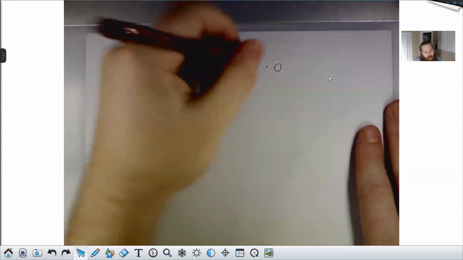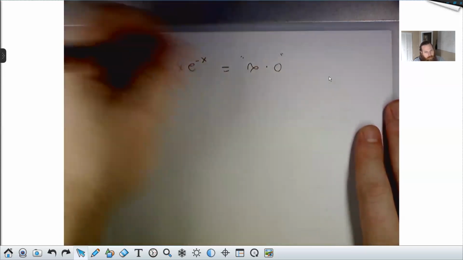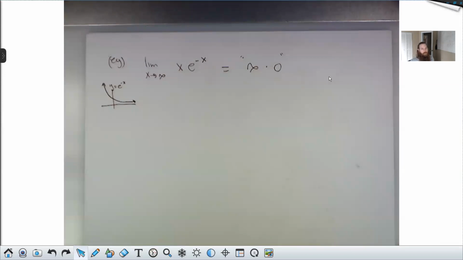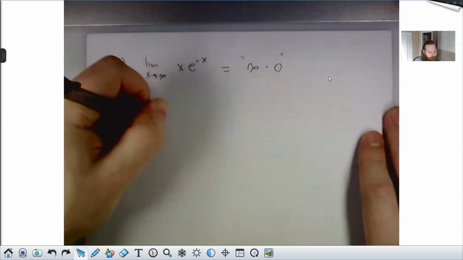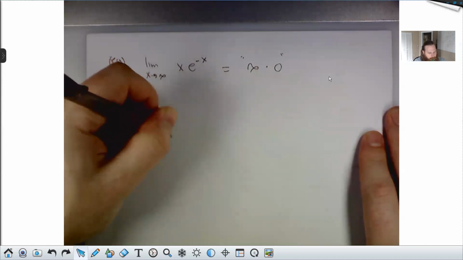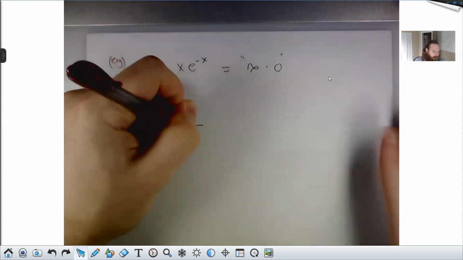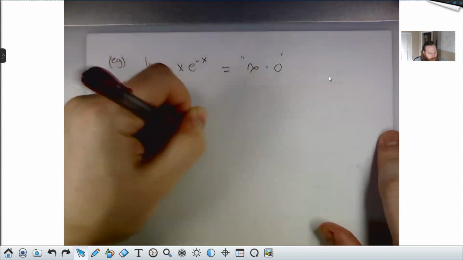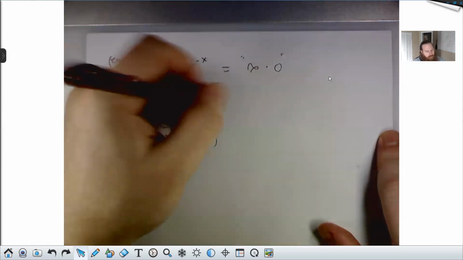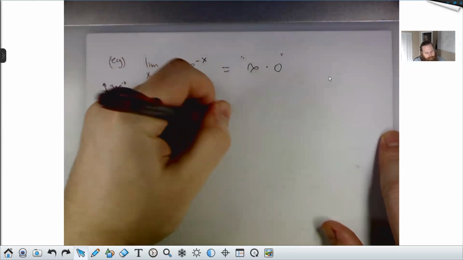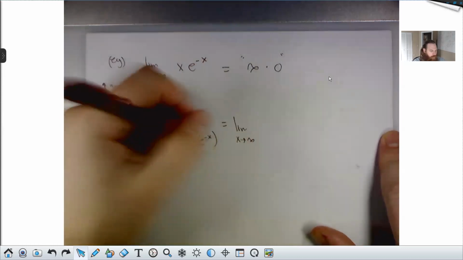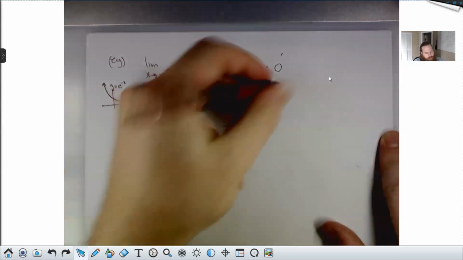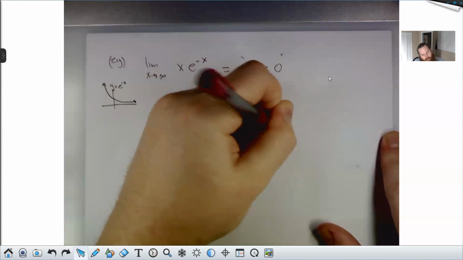So another indeterminate product, which means I need to pick one of these guys to send downstairs. And in this case, it's nicer to send the e to the x stuff downstairs. So I get lim x to infinity, x divided by 1 over e to the negative x. And we can clean it up algebraically a little bit before we even get to work on that, because 1 over e to the negative x, that's just e to the x.